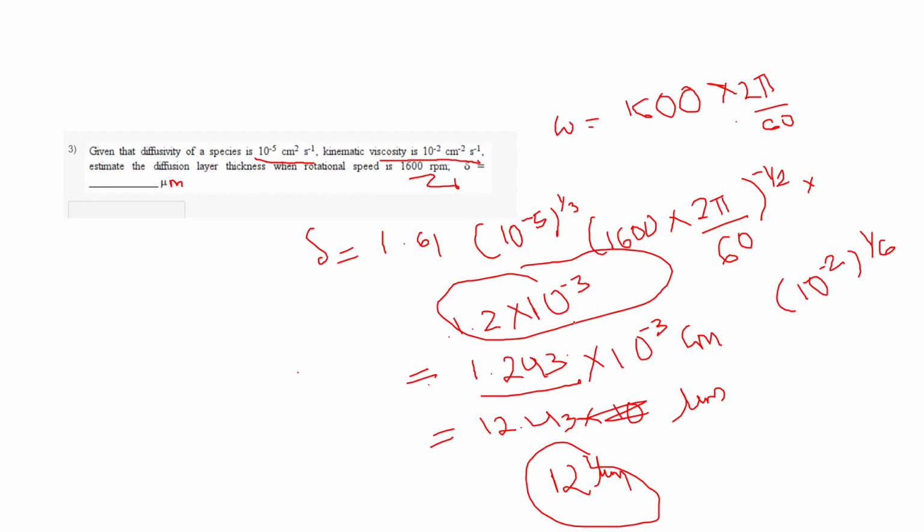Now the next question is: for a simple electron transfer reaction, coupling of mass transfer and kinetics at the electrode surface is described by what? We used this in the derivation.